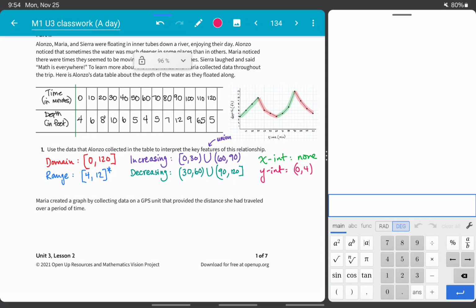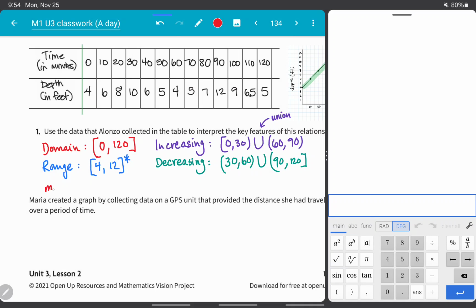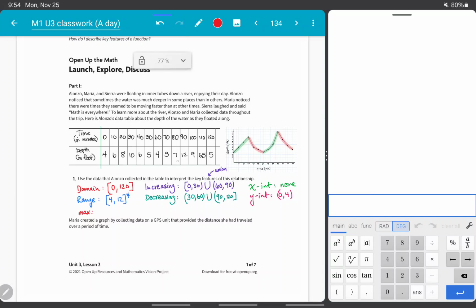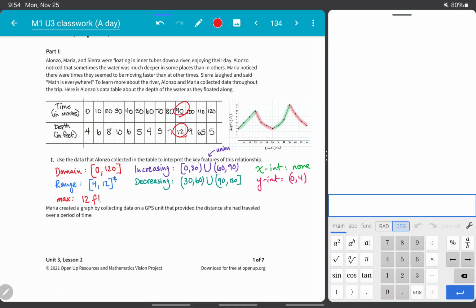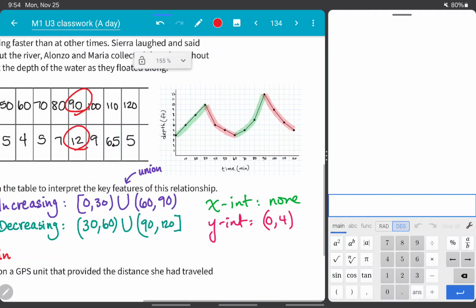Okay, let's see, what else can we say? We can also probably talk about maximum and minimum. Maximum would be, what was our biggest number? Our biggest number was 12, and that happened at 90 minutes. So we can say 12 feet deep at 90 minutes. And then we also have something called a relative maximum. There's also this same kind of structure over here.